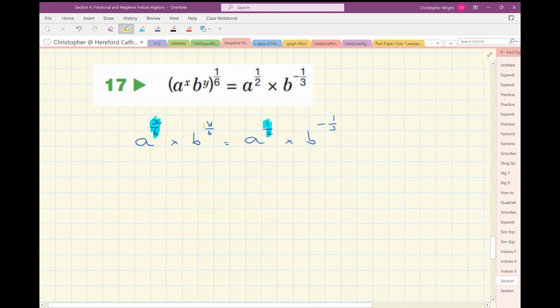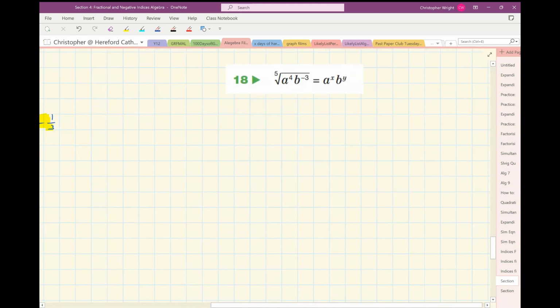And in the same way, y over 6 must equal minus a third. And that's how I'm going to work out x and how I'm going to work out y. X over 6 equals a half. So x equals 3, multiplying both sides by 6. And y over 6 equals minus a third. So y equals minus 2, multiplying both sides by 6.